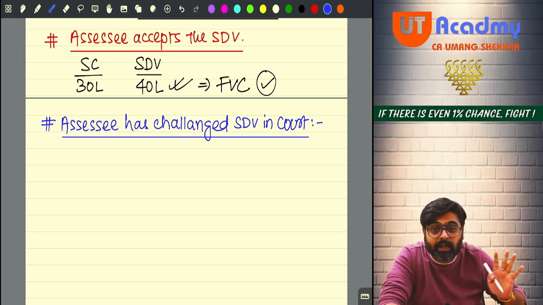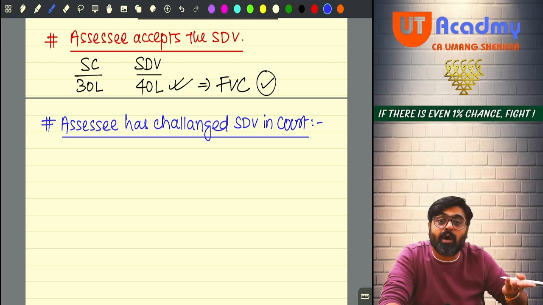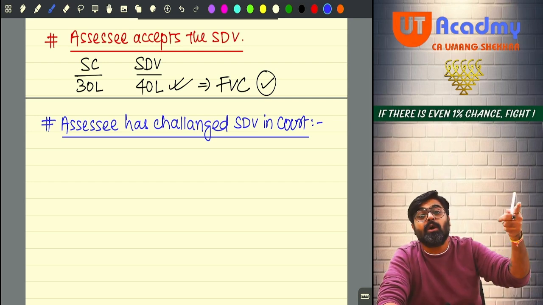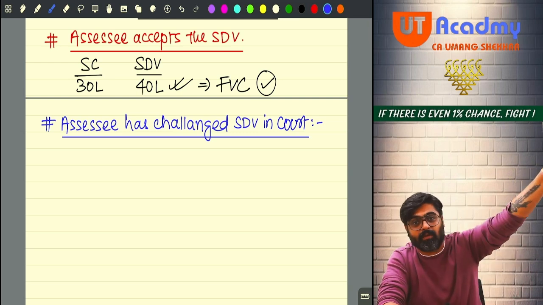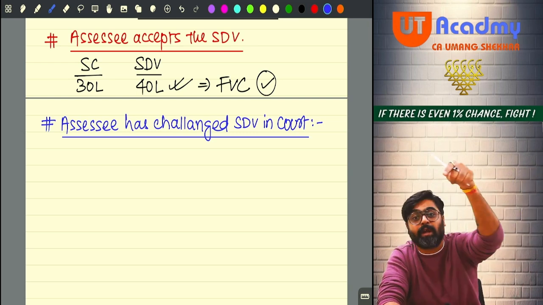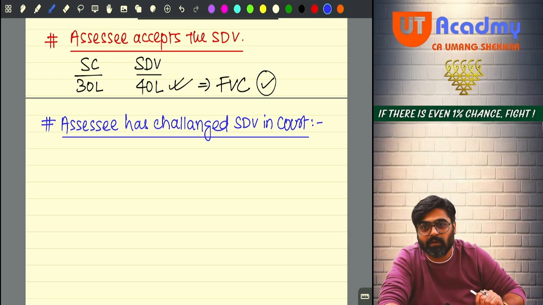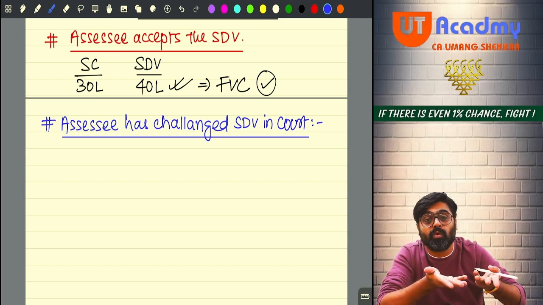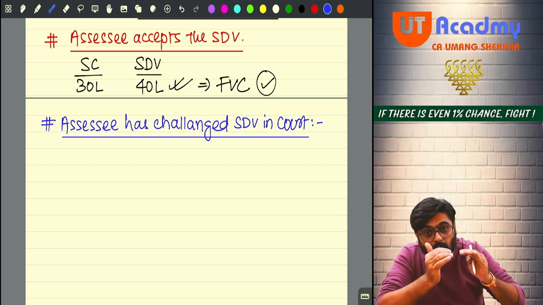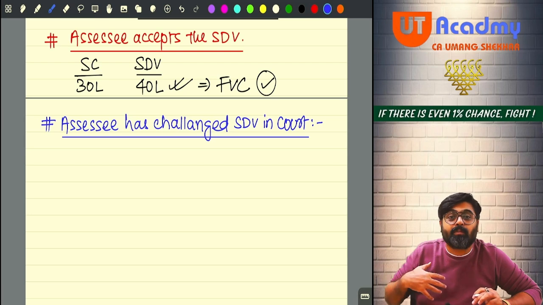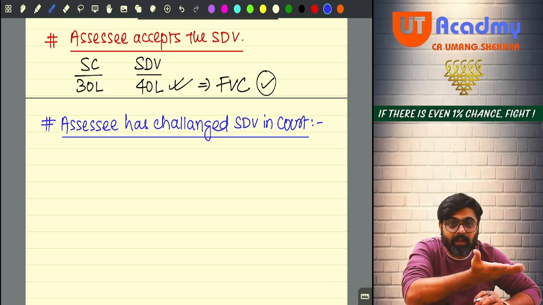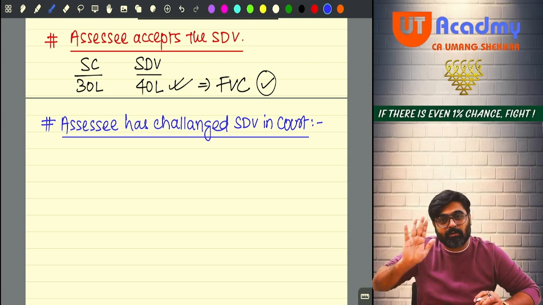You are not ready to pay stamp duty also to the registrar on the stamp duty value. Hence, you have challenged that stamp duty value in the court. You are telling the court to determine the stamp duty value. We cannot expect you to offer that stamp duty value for income tax purpose. If you cannot pay tax, stamp duty, you cannot pay income tax also on this value.